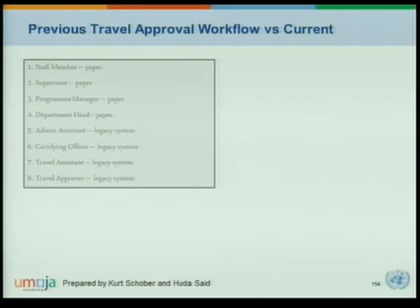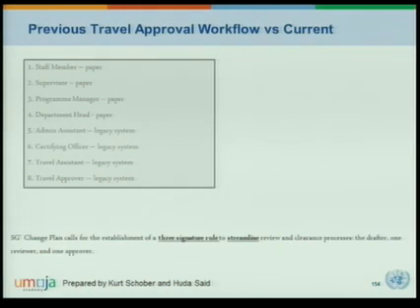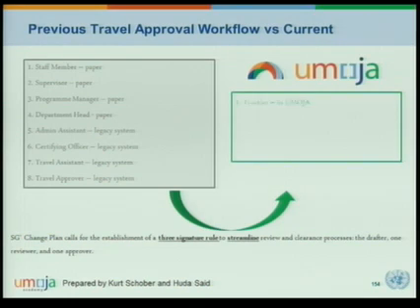Under the new Umoja system, we will try to get as close as possible to the 3-signature rule, and in Umoja, travel works like this. Marcus showed you a demo of the employee self-service entry screen. One of the items on that screen is travel. So let's assume this travel is for you.